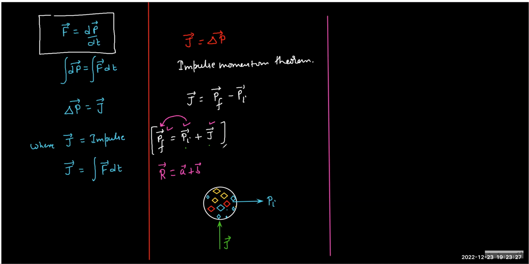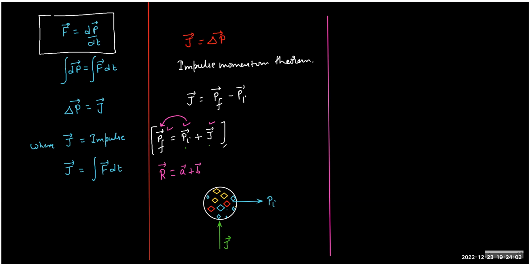So what is the real event? You have a moving football, then you have kicked. So kick is the second event, isn't it? So first you got the football, then you hit. So the initial momentum is already there before you made the impact, correct? So you draw the PI first, then draw the J vector, and then the tail of the PI to the head of the J will give you the PF, isn't it?